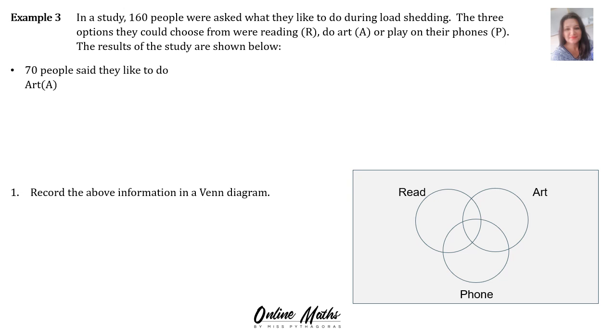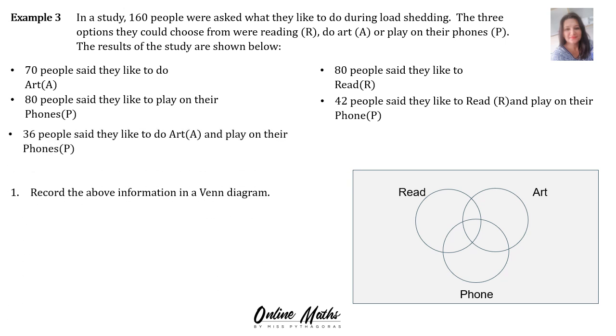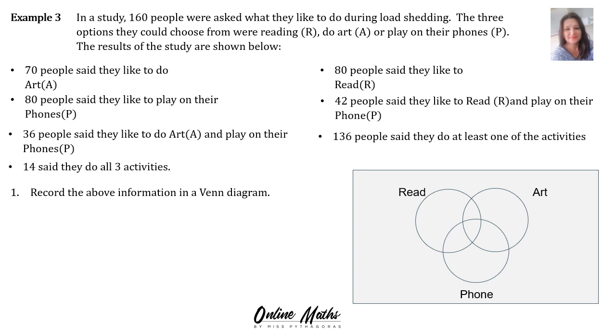Now, 70 people said they like to do art, 80 people said they like to read, 80 people said they like to play on their phones, 42 people said they like to read and play on their phone, 36 people said they like to do art and play on their phones. 136 people said they do at least one of the activities. 14 said they do all 3 activities. Number 1, record the above information in a Venn diagram.